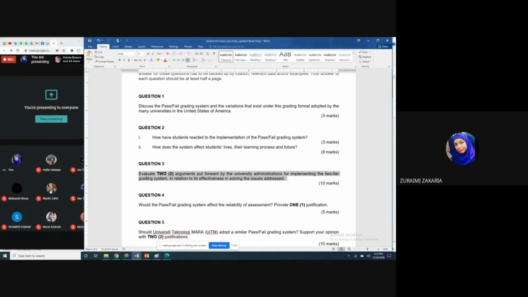Some group of students are not happy with the 2-tier. Tapi universiti masih nak teruskan juga sebab universiti merasakan itu adalah solusi yang terbaik dalam menangani masalah pembelajaran semasa COVID-19. Okay. And pihak pengurusan universiti juga mengemukakan pelbagai argument yang support this implementation.